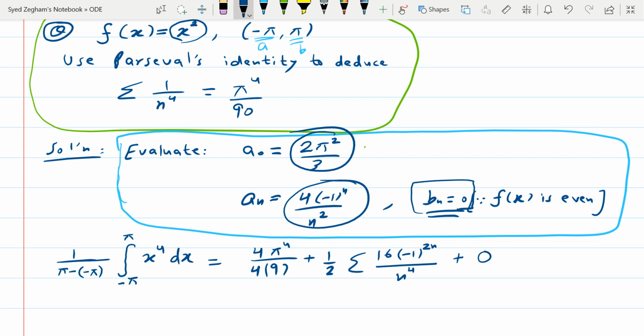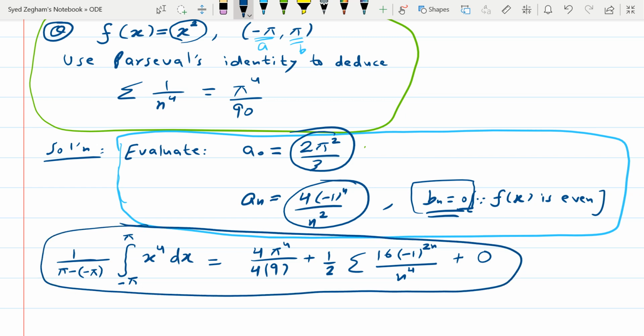So that third term will become 0, right? Because we have an even function, x square, defined on minus pi to pi. So when we have even functions, we have bn value always equal to 0, right? That's all. Now, this is the Parseval's formula which we have implemented, right? This is the Parseval's formula.